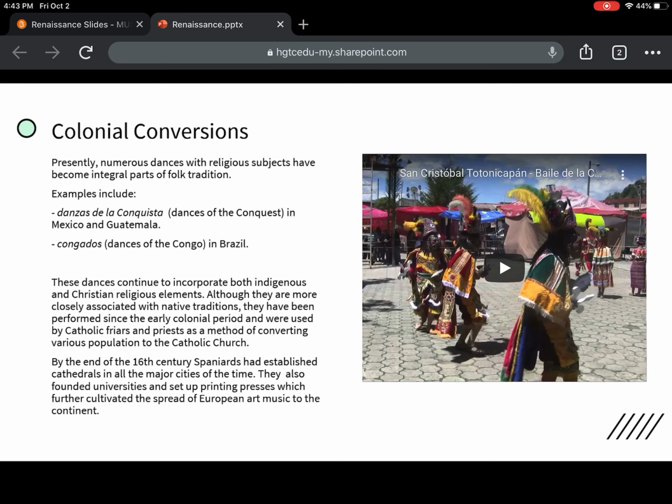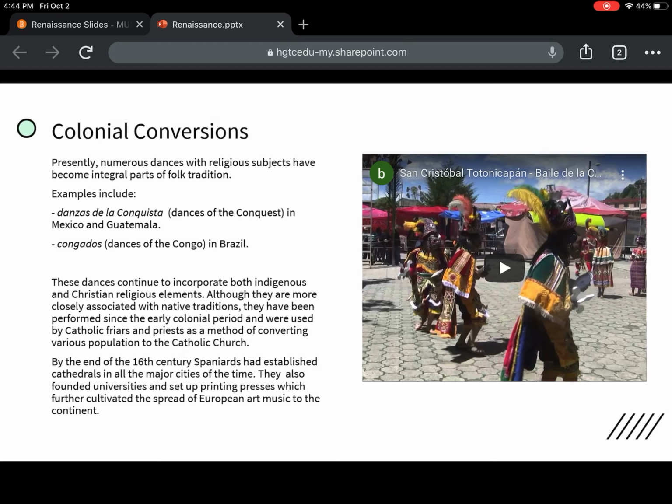These dances continue to incorporate both indigenous and Christian elements. Although they have been more closely associated with native traditions, they've been performed since the early colonial period and were used by Catholic friars and priests, as I mentioned, as a method of converting these people.